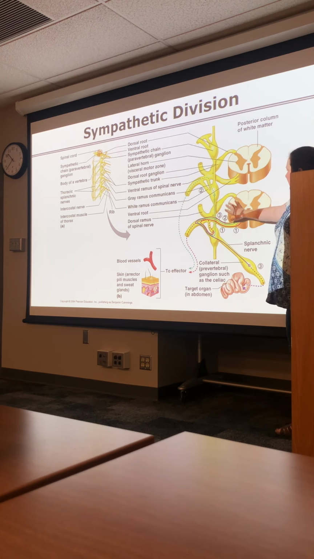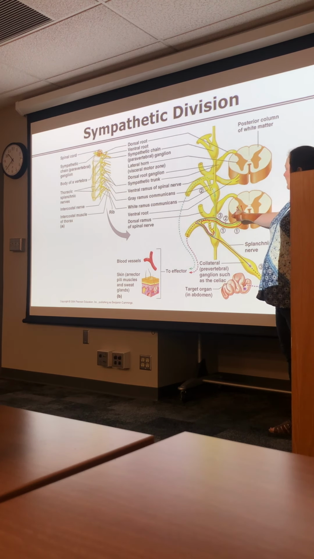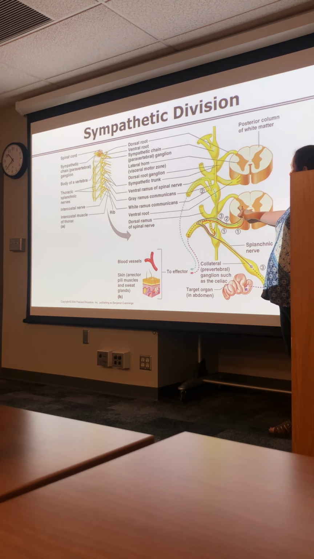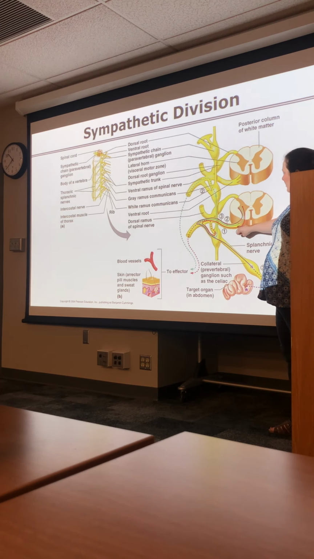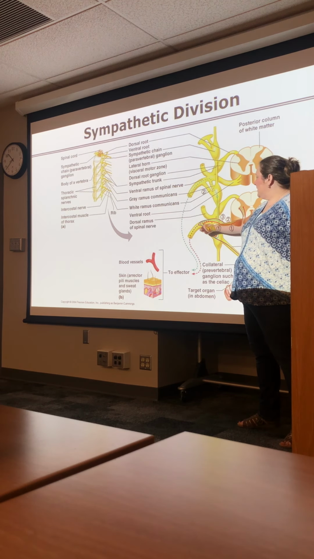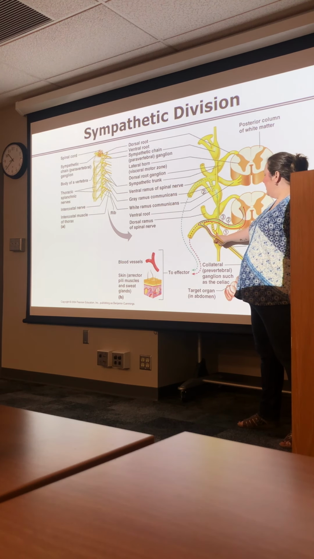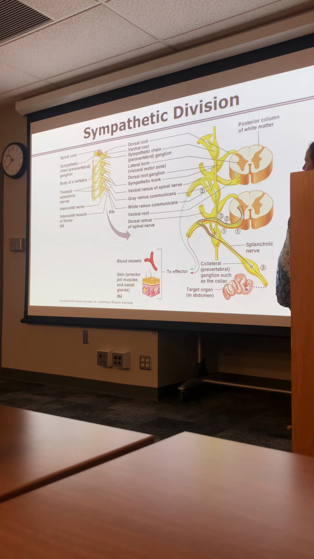So as we look at this, we have our ventral horns, we have our dorsal horns, and now we have lateral horns. So we know we're somewhere between T1 and L2. In there are cell bodies of our preganglionic sympathetic neurons. They are going to come out the ventral root into the spinal nerve, take the white ramus communicans into the sympathetic chain, which lies on either side of the vertebral column.